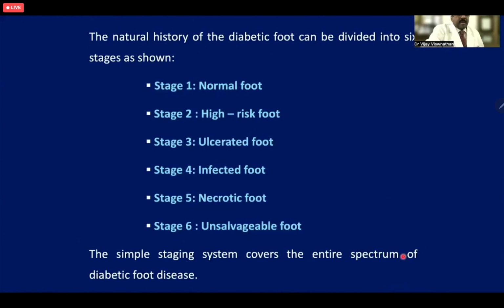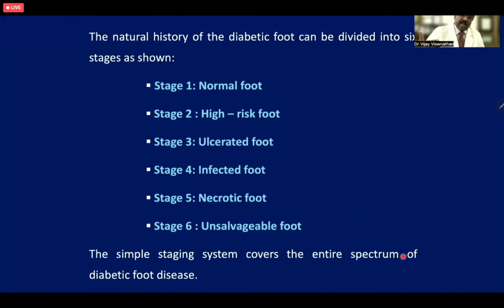Our colleagues from King's College London, Ali Foster, the late Ali Foster, and Mike Edmonds, who retired recently, gave us this algorithm of normal foot, high risk feet, ulcerated feet, infected feet, necrotic feet where there's a gangrene, and unsalvageable foot.